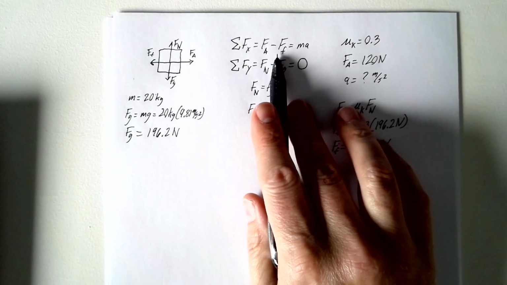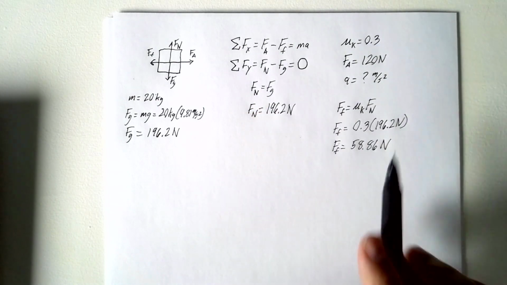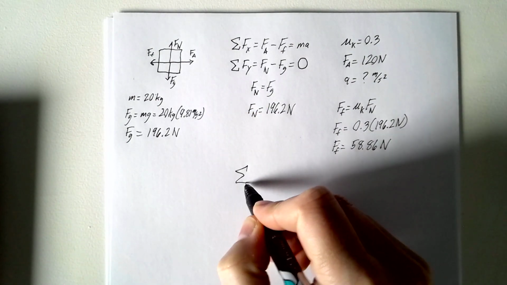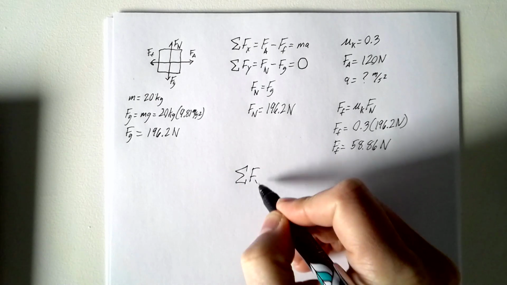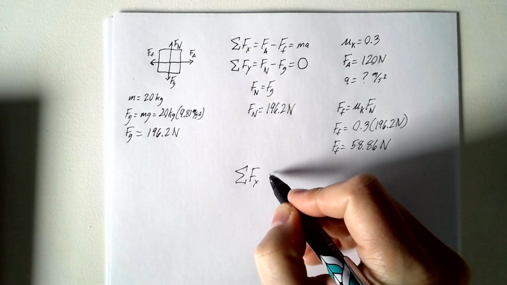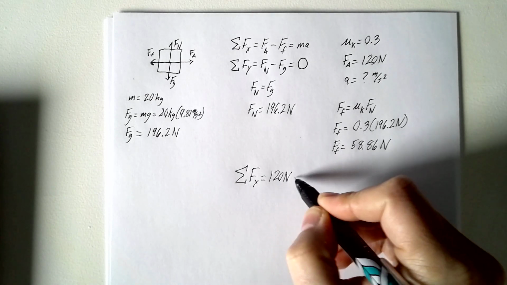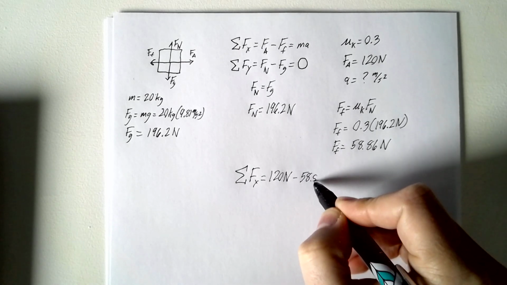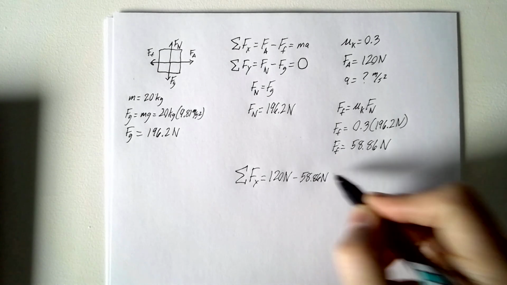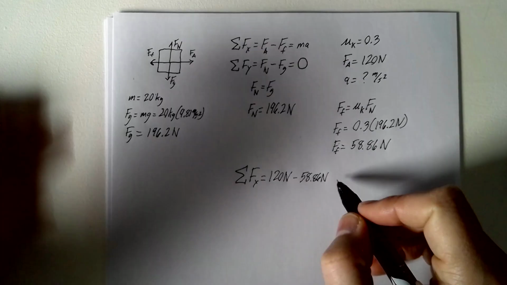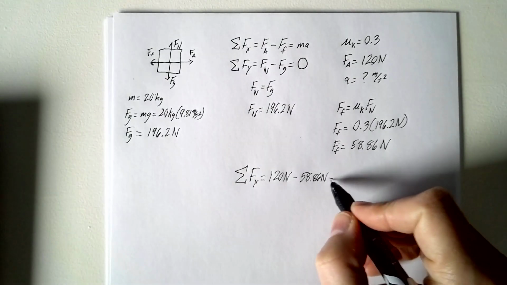So if we go to here, we know that is the amount of the unbalanced force. So let's redo our net force in the x. So we get 120 newtons minus 58.86 newtons. We can set this equal to ma right here and solve, or we can find this value.